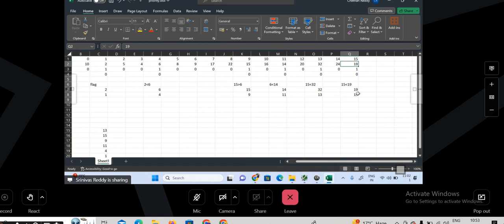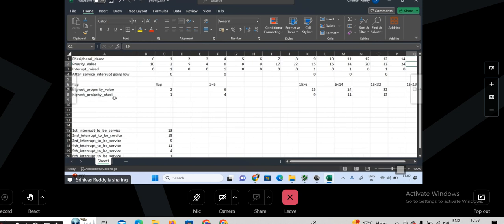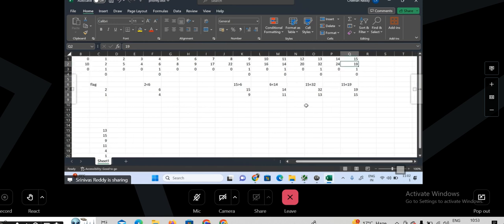So I can write: if interrupt active of I is equal to 1, then what I need to do?